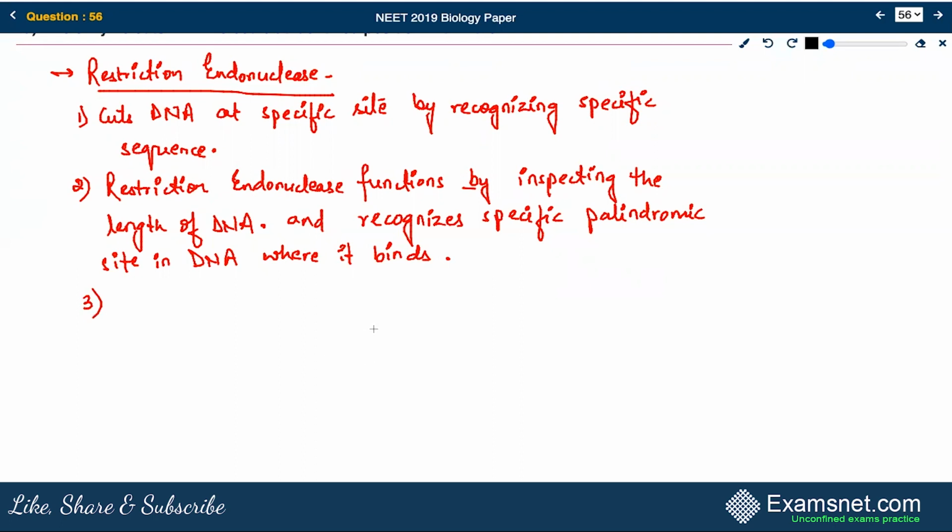Let me tell you the reason, and then I'll also tell you the example. So this is the case.